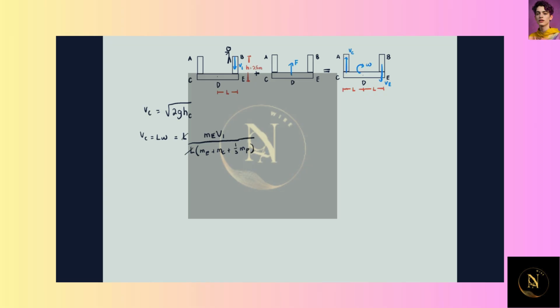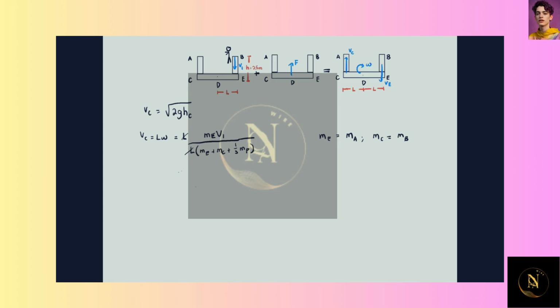Of course, this will cancel out the L. And note that ME here is equal to MA, which is the mass of gymnast A, and MC is equal to MB, which is the mass of gymnast B.